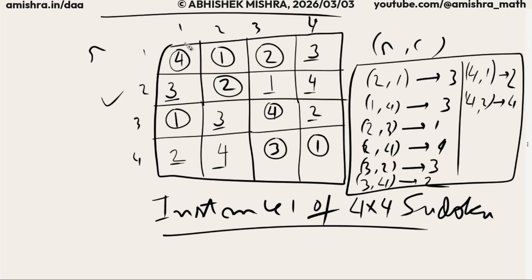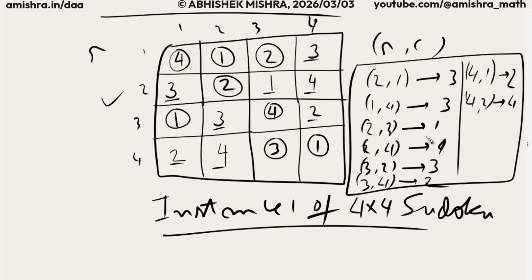What is the instance? Instance is this square together with the circled numbers with their corresponding positions. So the instance also we can write either like a matrix, 4x4 matrix with the numbers written and 0 elsewhere where we have to provide the solution, or we can make a list like this.